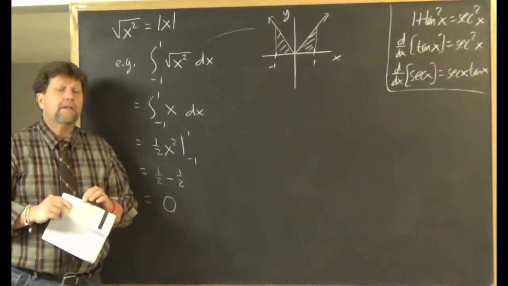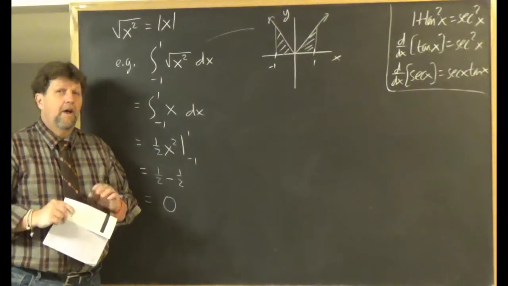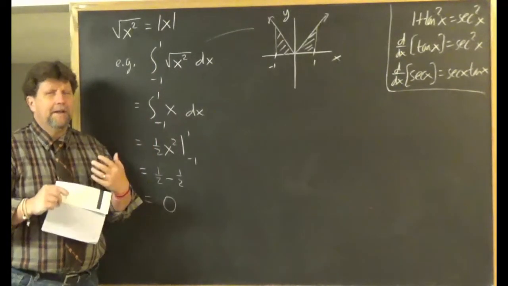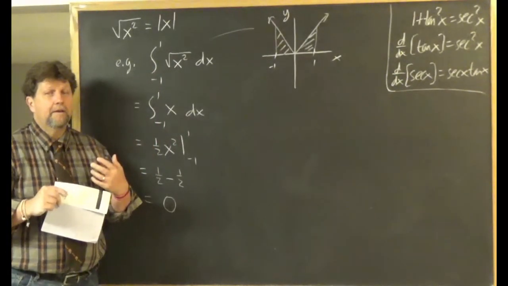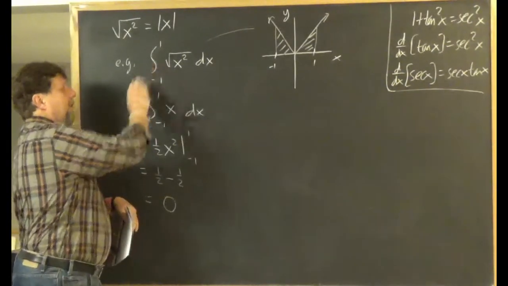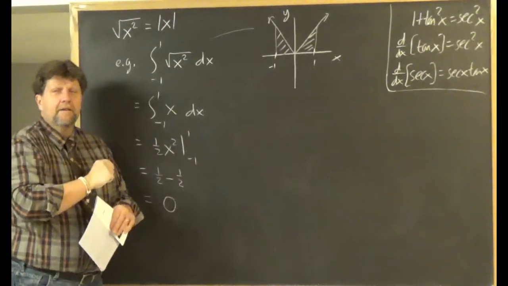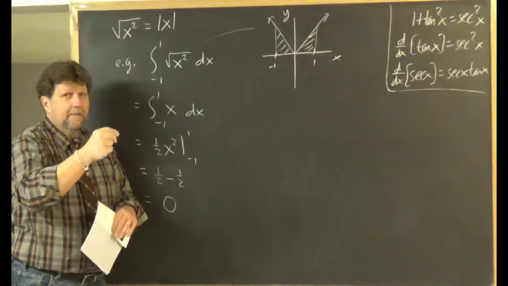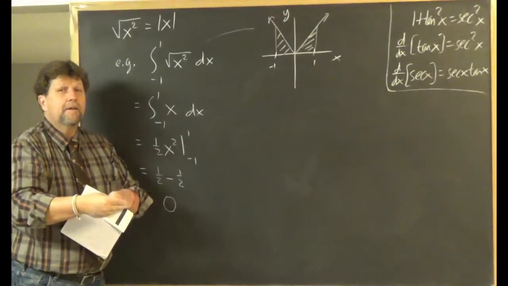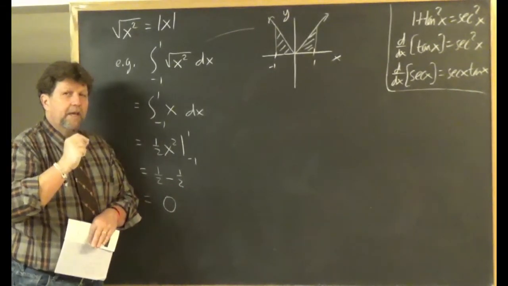Square root of x squared is absolute value of x. On the interval negative 1 to 1, you have some negative numbers to worry about. If I change this interval to go from 0 to 1, this would be fine, because on the interval 0 to 1, x is positive. So that's a little hint.